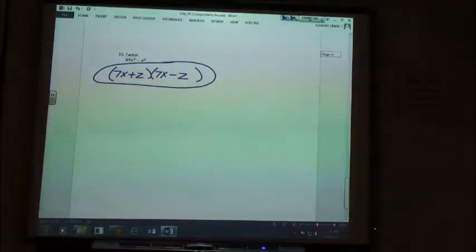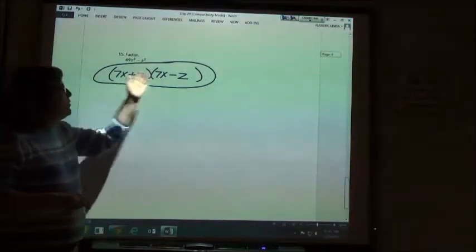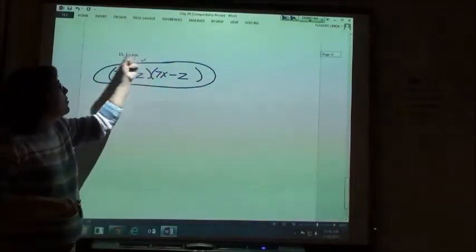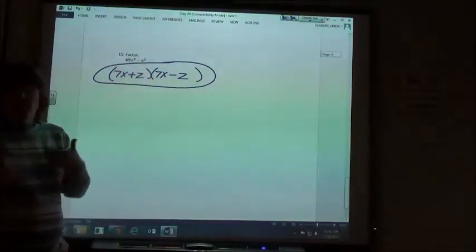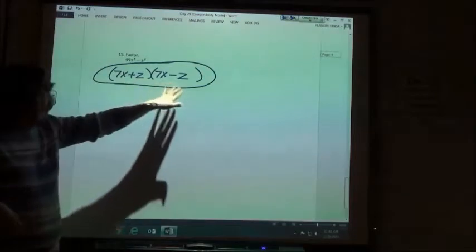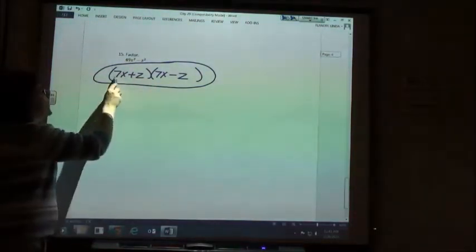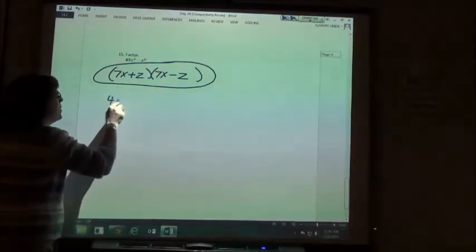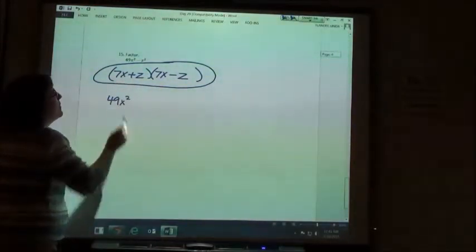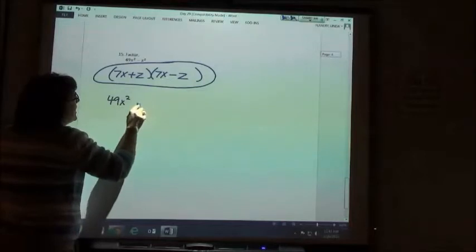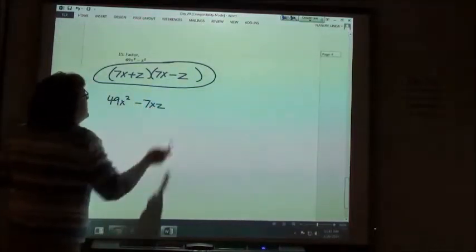And any of these ones that say factor, if you multiply them back out, you should get what you started with. So if you're not sure if you did them right, foil it out the long way and check to see, does it work out? 7x times 7x, 49x to the second power. 7x times a minus z, minus 7xz.